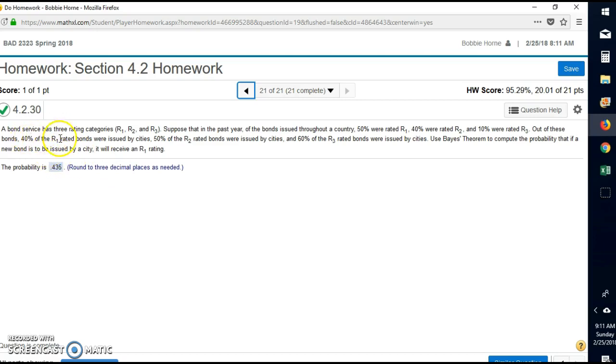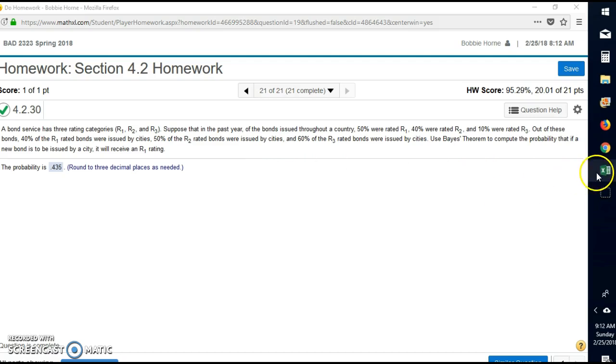Out of these bonds, 40% of R1 were issued by cities, 50% of R2 were issued by cities, and 60% of R3 were issued by cities. We want to use Bayes' theorem to compute the probability that the new bond, issued by a city, will receive an R1 rating.